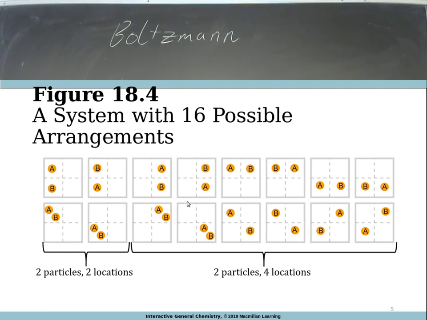Similarly, we've got two different microstates where they're on the right two, two microstates where they're on the top two, bottom two, and upper left, lower right corners, and lower left, upper right corners. Those are examples of different macrostates. This is also a macrostate where they're both in the upper left corner, but it has only one microstate. And so we're half as likely to observe the particles in this macrostate as we are in that macrostate.